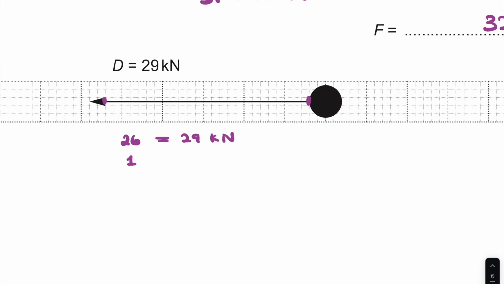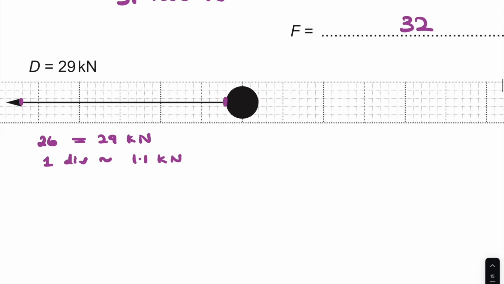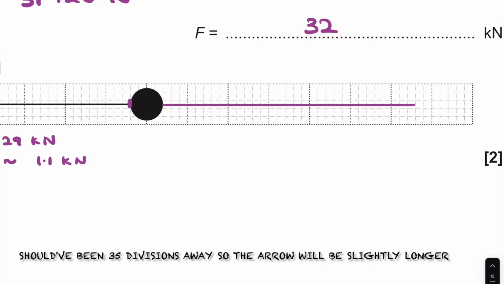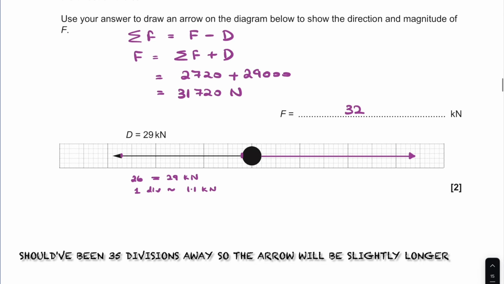So one division will be about 1.1 kilonewtons of force, and 32 kilonewtons of force will be approximately 32 lines away, so roughly, and that is going to be my arrow, and that would represent 32 kilonewtons of force.